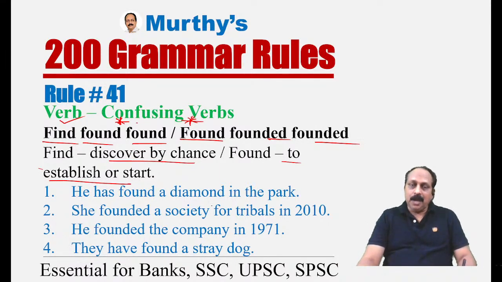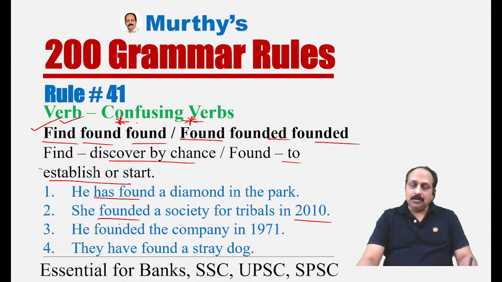He has found a diamond in the park. As I said, it doesn't happen. Only as an example. Here we are talking about the first one, the irregular form. She founded a society for tribals in 2010. It is in past. Why should we use founded? Why not found?